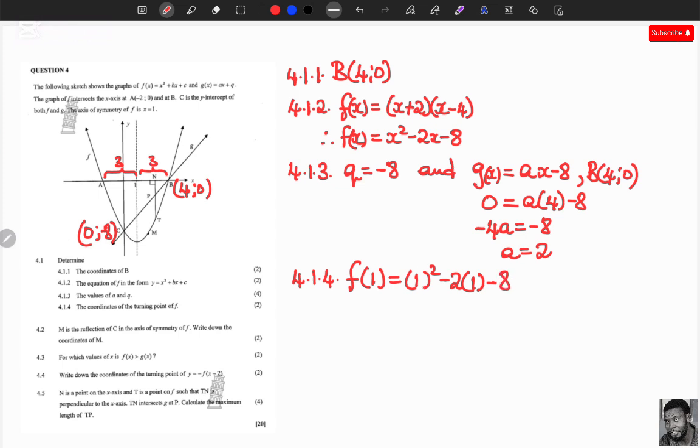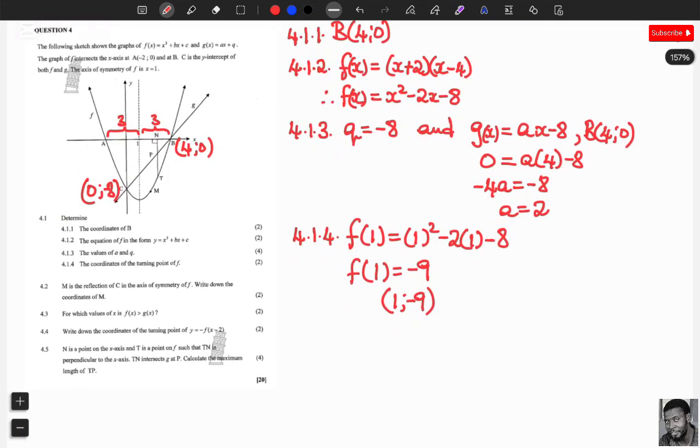So you're going to have 1 minus 2, which is minus 1. So f of 1 will be negative 9. That simply means that the coordinates of the turning point will be 1 and negative 9.